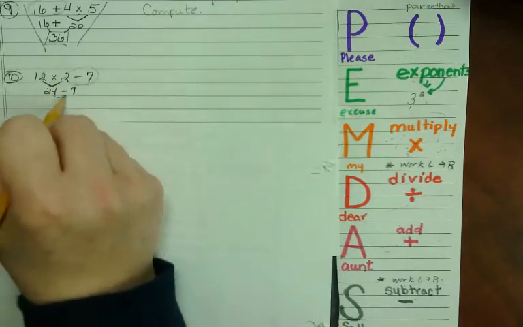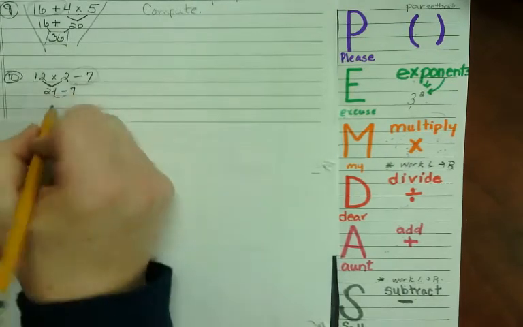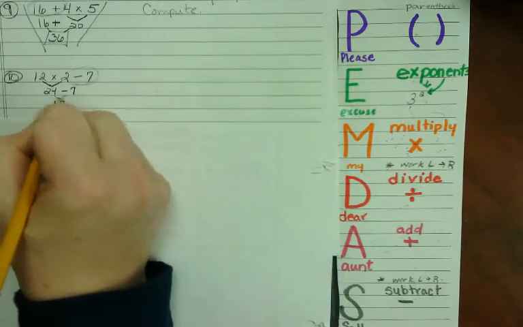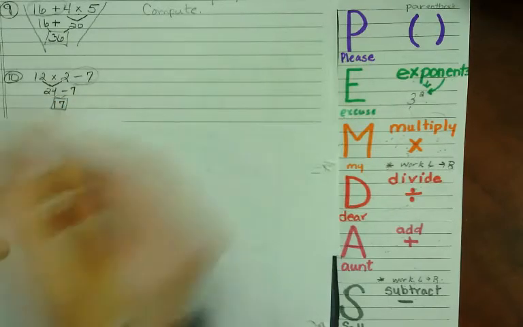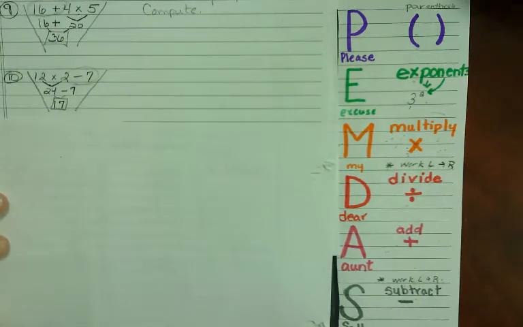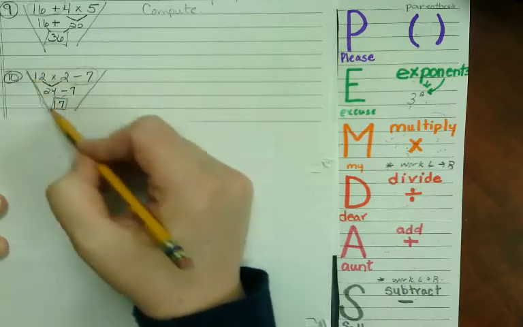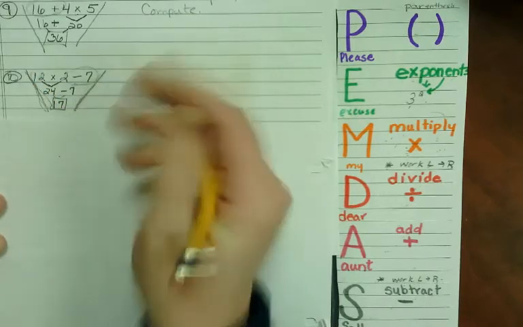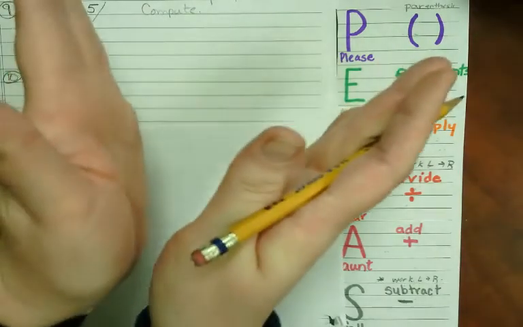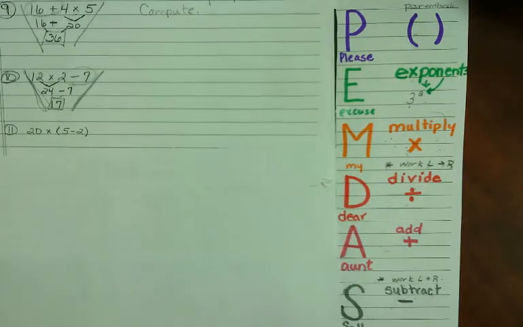And then we figure out what's 24 minus 7. 24 minus 7 is 17. And you're done. So always make sure when you write your work out, your lines are angled towards the answer like that. Alright, let's do the next one.